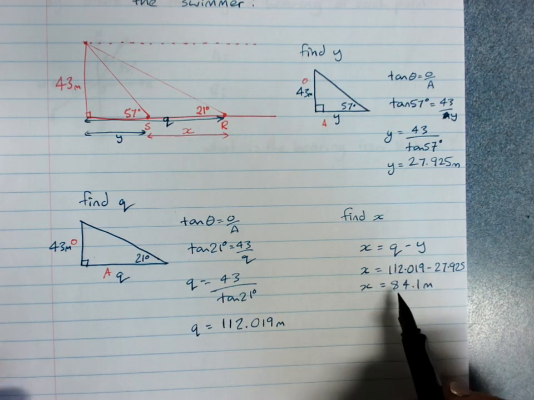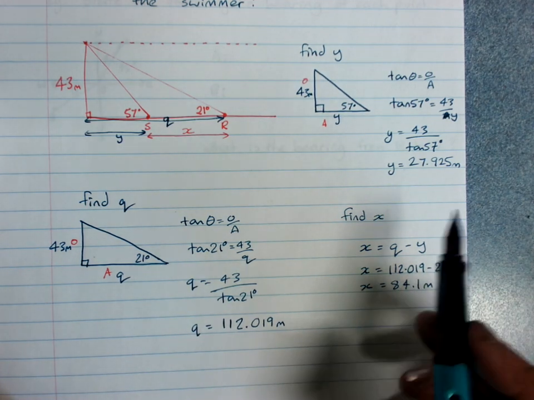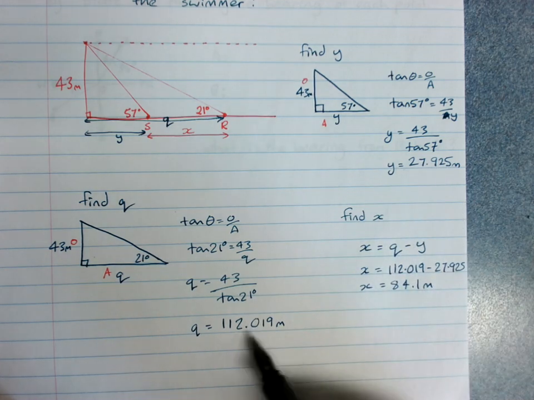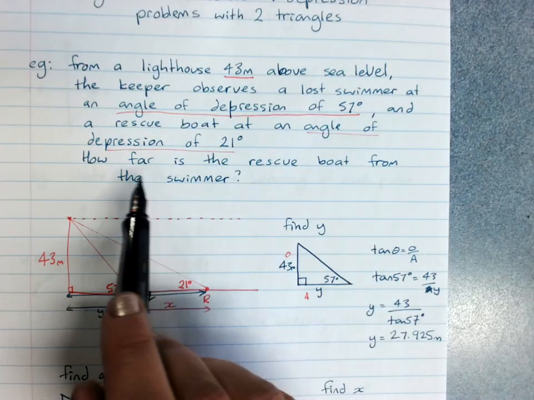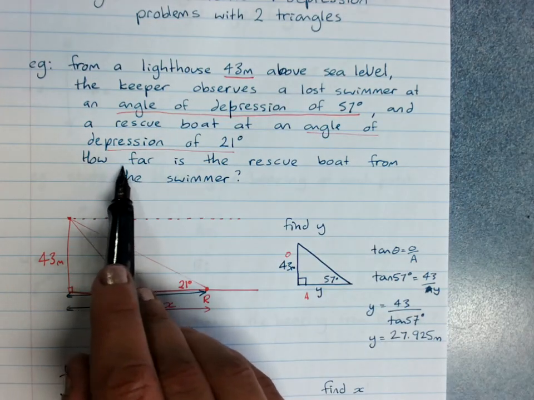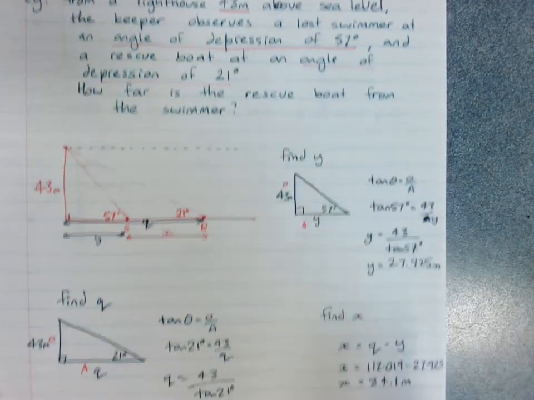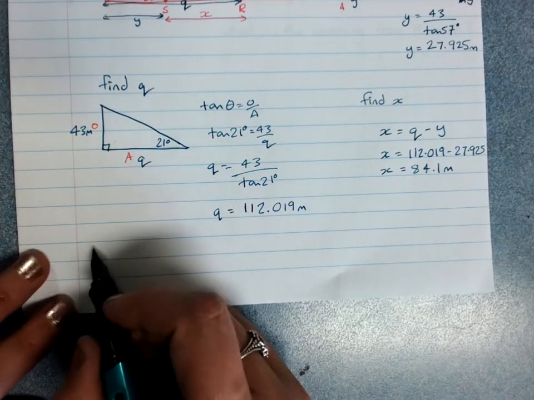So you see, when I was going to one decimal place in my answer, I kept 3 decimal places in my working. And because it was a word question, here is the actual question: how far is the rescue boat from the swimmer? You give a word answer.